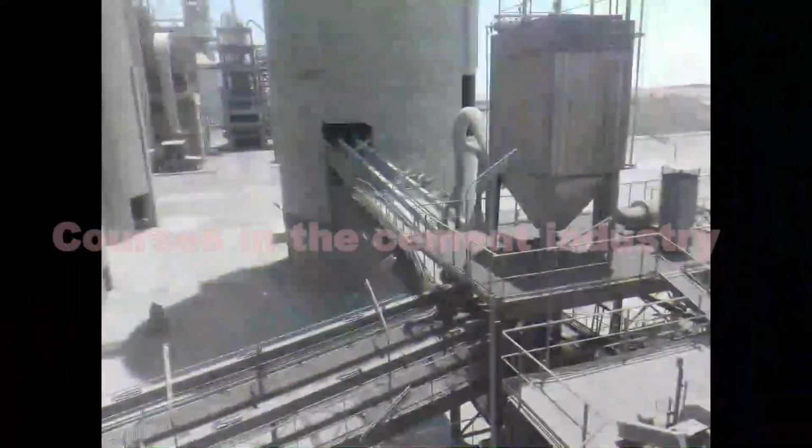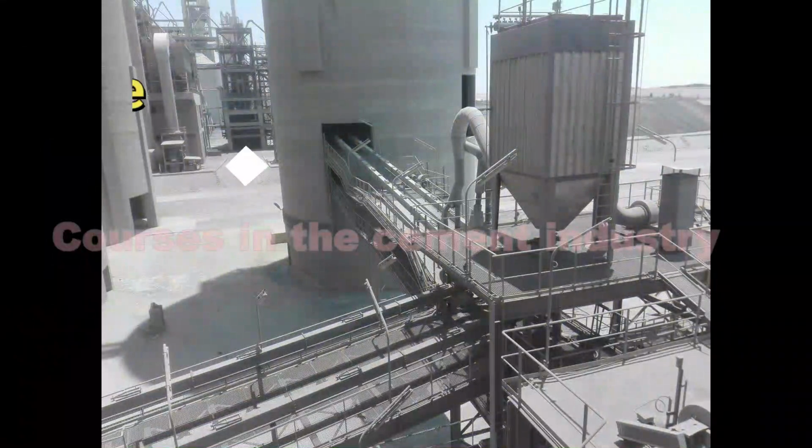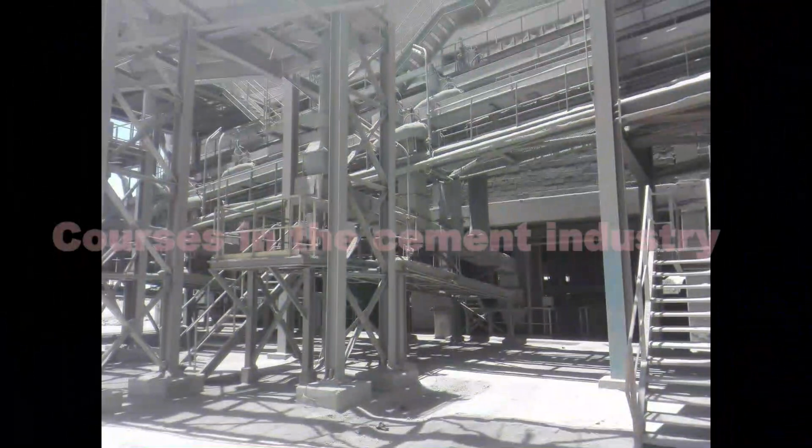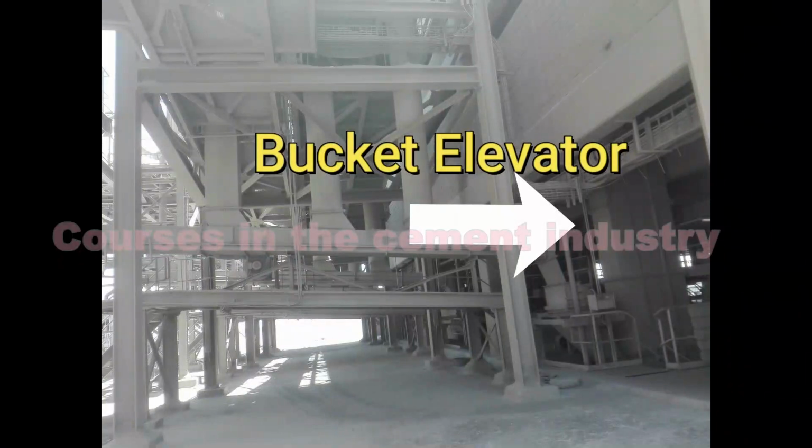The cement discharged from the silo is transported by air slides. Cement is lifted to the top of the packing building by bucket elevator.